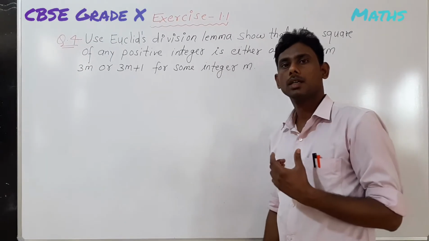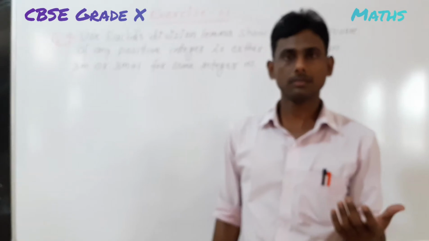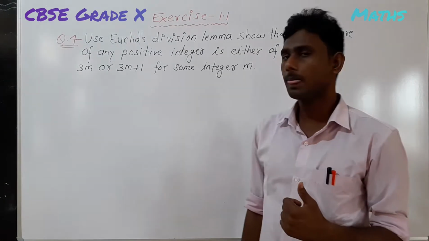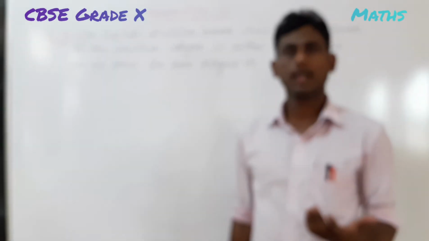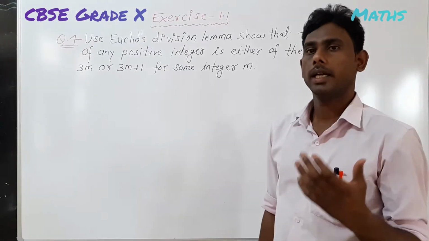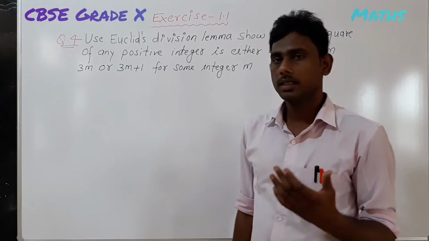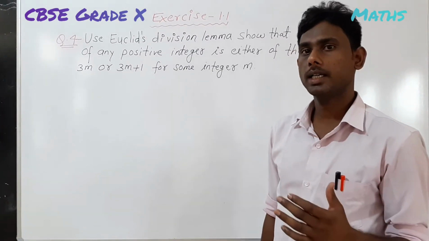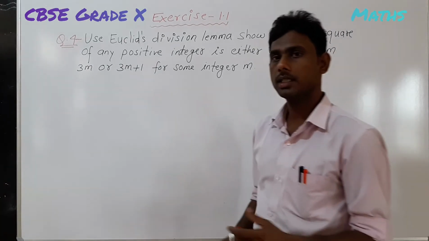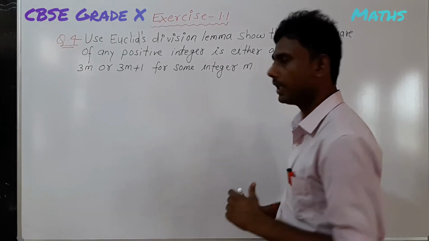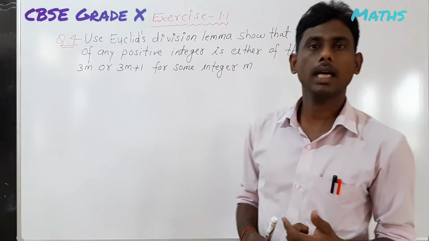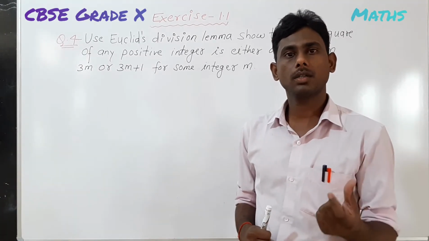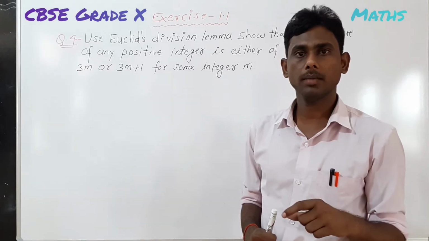Before solving the question, I want to clear what Euclid's division lemma is. For given integers a and b, there exist unique integers q and r satisfying the relation a equal to bq plus r, where r is greater than or equal to 0 and less than b.